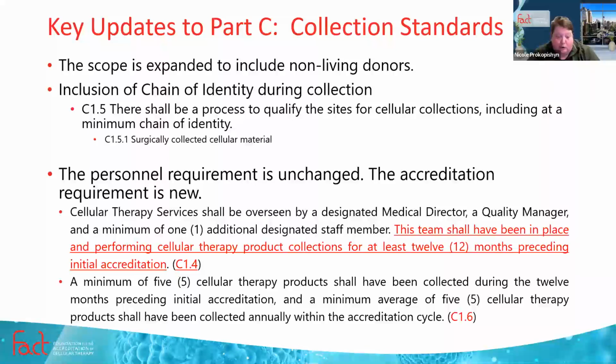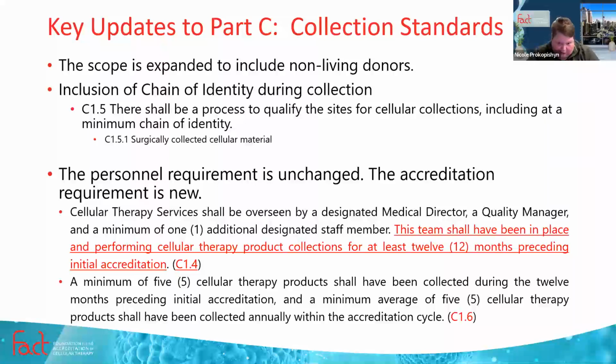Personnel requirement is unchanged. The accreditation requirement is new. So the cellular therapy services shall be overseen by a designated medical director, quality management, and a minimum of one additional designated staff member. This team shall have been in place and performing cellular therapy product collections for at least 12 months preceding initial accreditation. So that's C1.4.